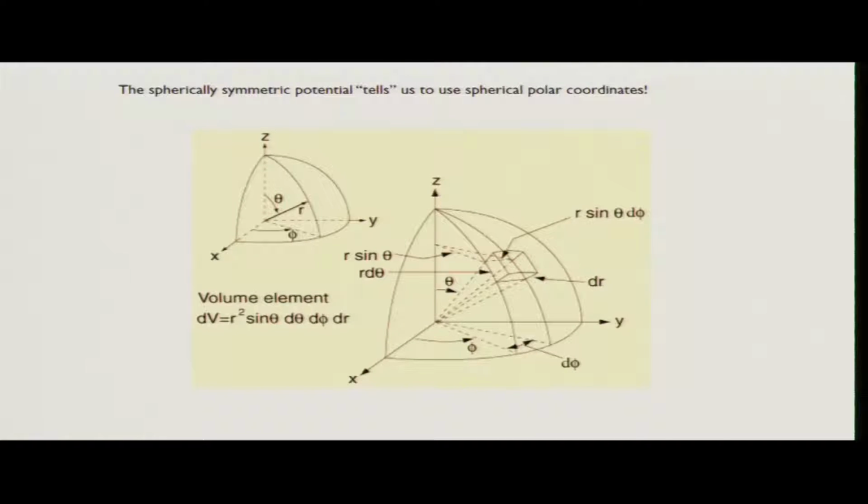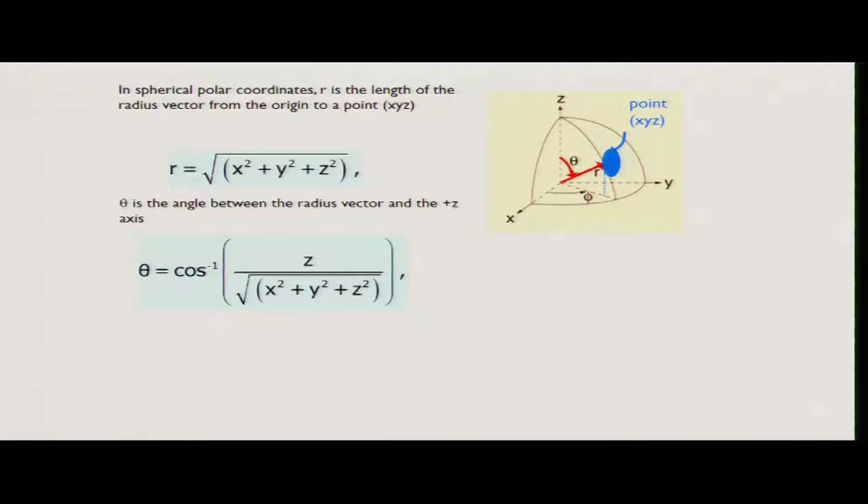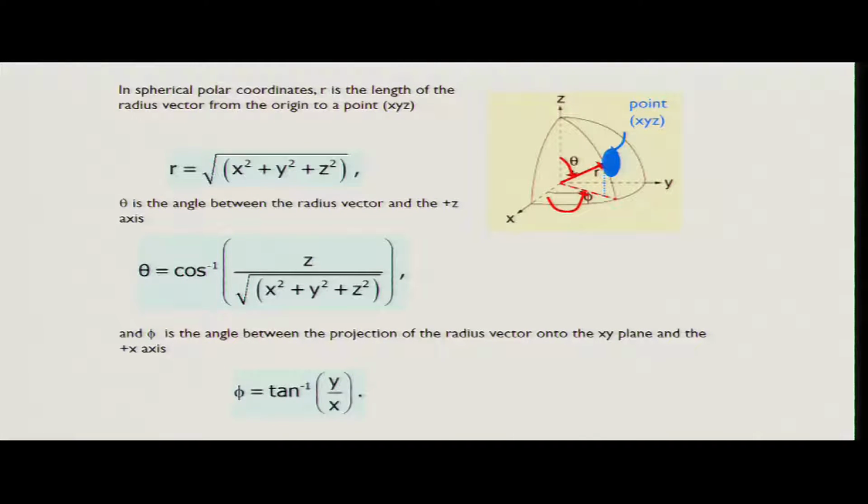So, as before we can define the volume element as r squared sin theta d theta d phi dr, and in the spherical polar coordinates r is the length of the radius vector from the origin to the point that we are looking at in x, y, z dimension. Theta is the angle between the radius vector and the z plus axis, and phi is the angle between the projection of the radial vector onto the xy plane and the plus x axis.